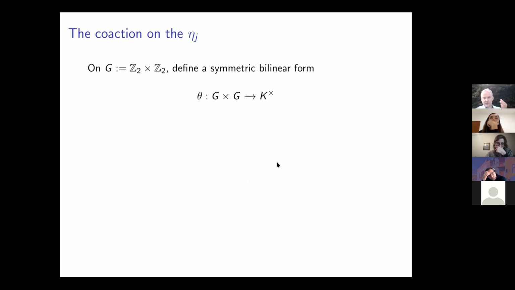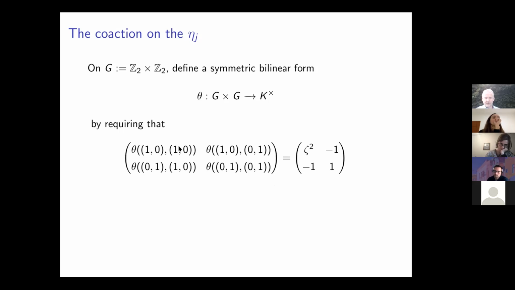So on this Klein 4 group, you define a symmetric bilinear bicharacter, I should say. It would be more appropriate if I take values over here, by requiring that the fundamental matrix, so here you see the values on the canonical basis vectors, which of course determine the bicharacter, is given by this matrix. And here you can basically choose whatever you want as long as you have these elements of order 2.